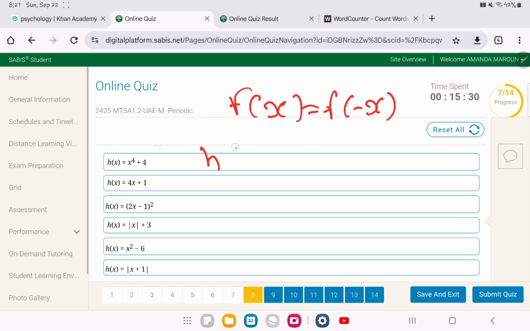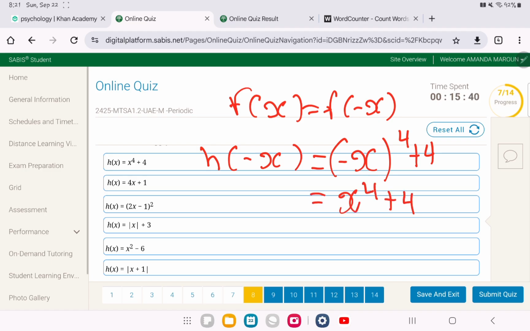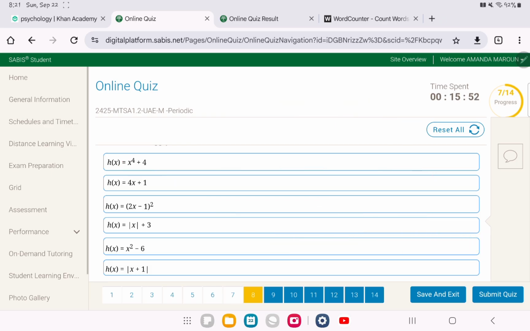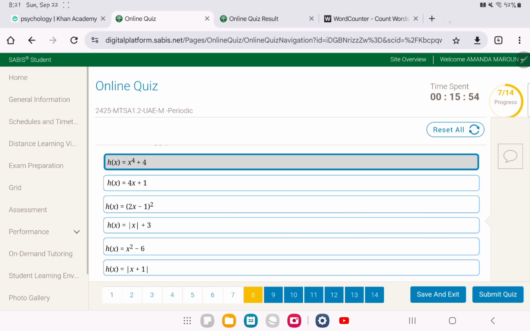So let's take h(minus x). It's equal to (minus x) to the power of 4 plus 4, which is then x to the power of 4 plus 4, because if you have an even exponent, it will remove the minus. So now, x to the power of 4 plus 4 is equal to x to the power of 4 plus 4, so it is even. That means the first one is even.